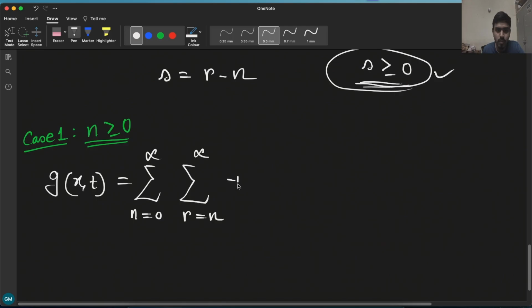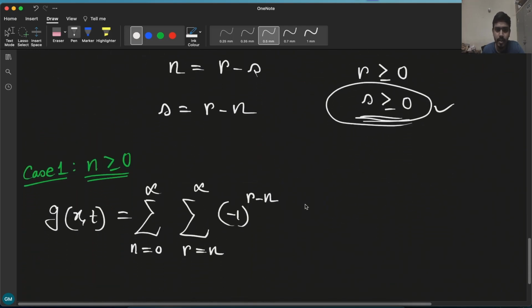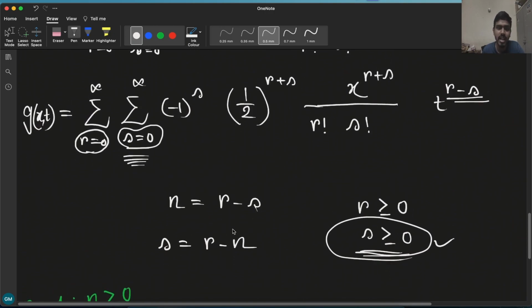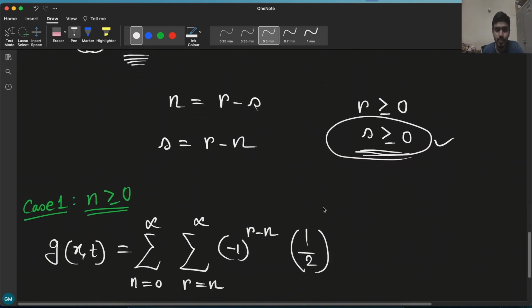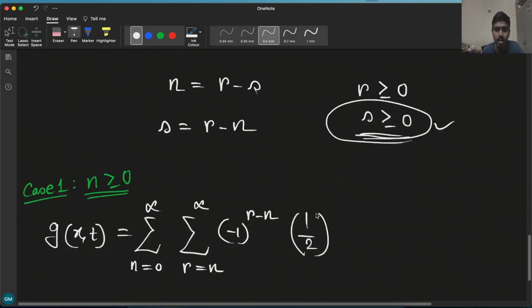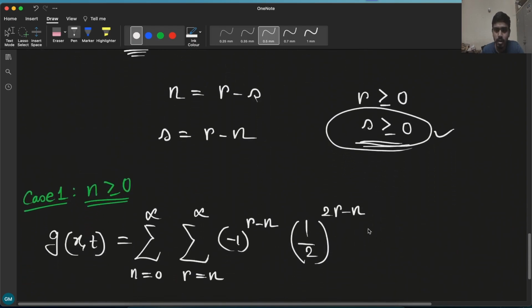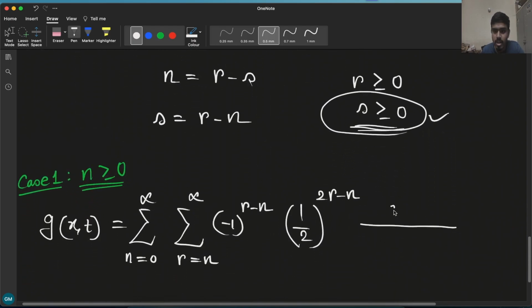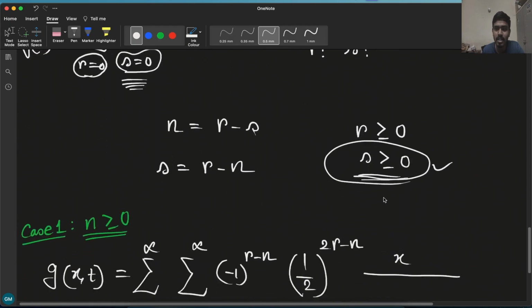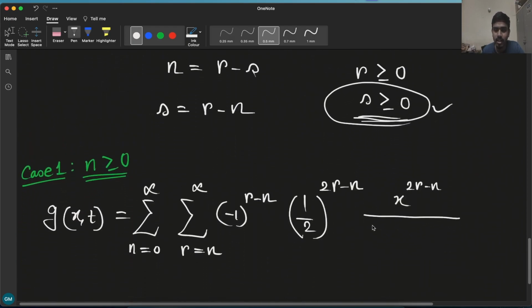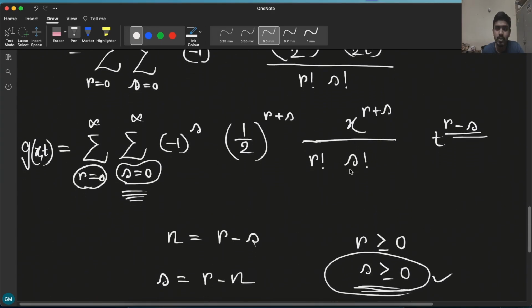So then we have minus 1 whole to the power r minus n, times 1 by 2 whole to the power r plus s, and instead of s I can write r minus n. So it will be 2r minus n, times x to the power r plus s, so it will again be 2r minus n, divided by r factorial times s factorial.